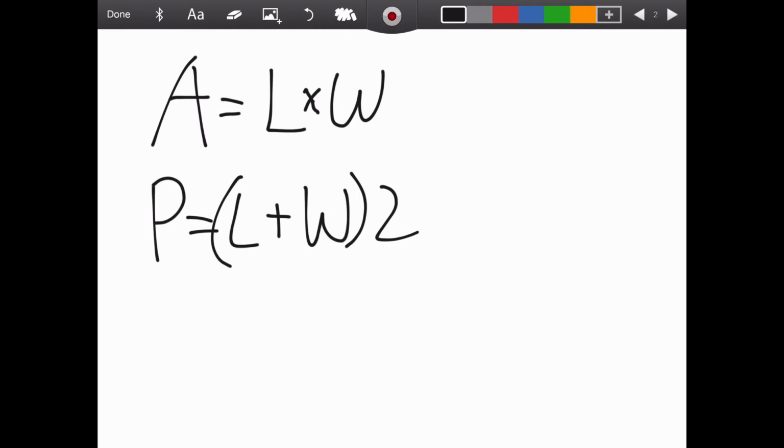But the reality is that it can be anything. I know that this is the most common way to define area and perimeter, but there could also be like side. So for example, it could be side 1 times side 2 for area.